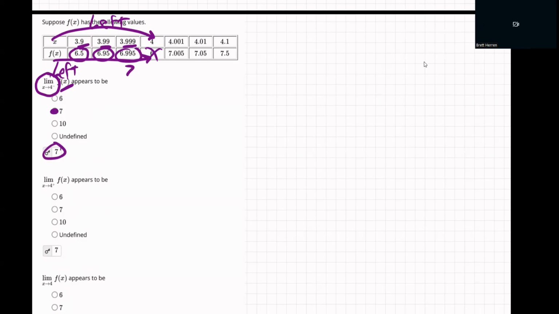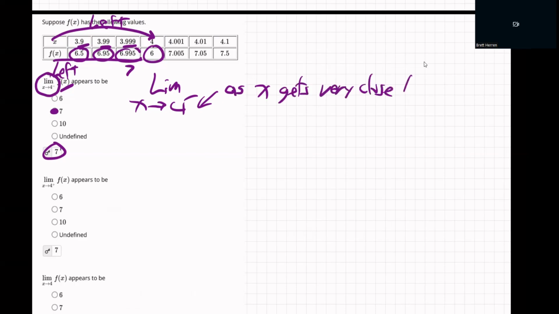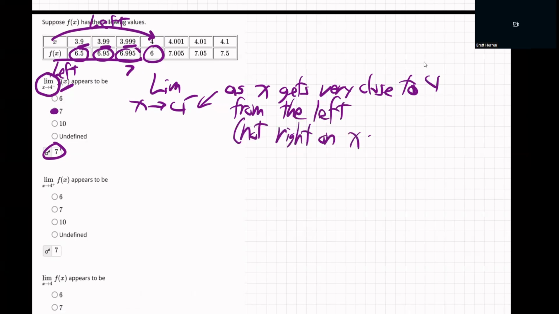Not 6. Yeah, but right here, Mr. Heron, it's at 6. Yeah, I know, but remember what you have to remember when they say the limit as x goes to 4 from the left. That means as x gets very close to 4 from the left, not right on x equals 4.